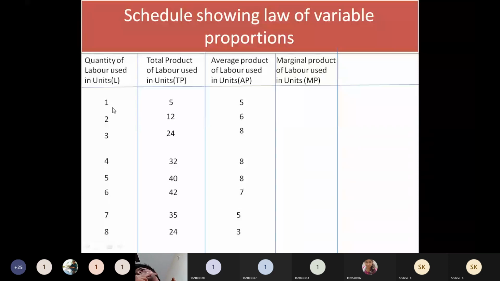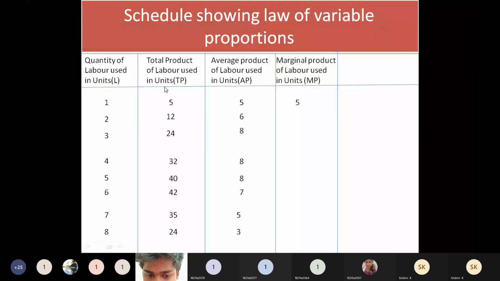Okay, so to find out how much each worker is producing on average, you find the average product. And you need to find out what the additional, that means added, labor is going to add to the total production. So how is this calculated? When there is one worker, there is no previous total production, so take it as 0.